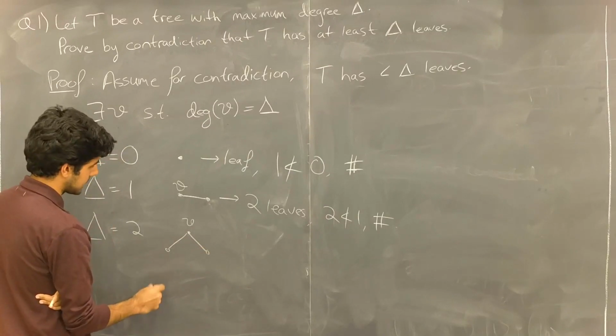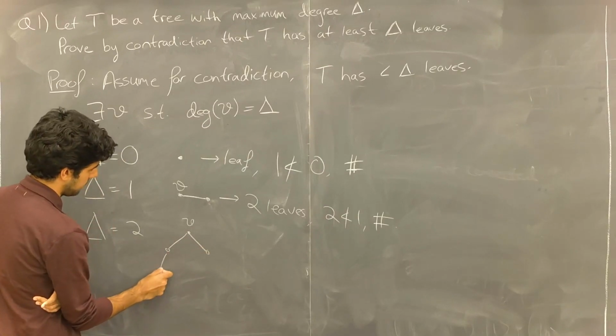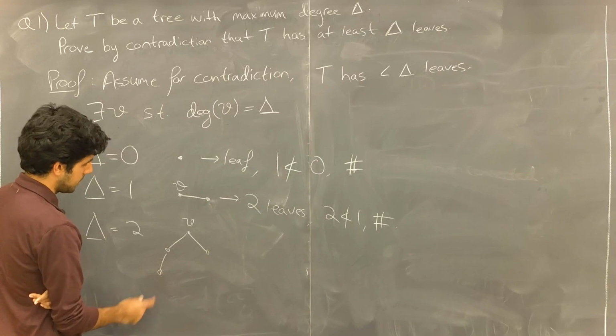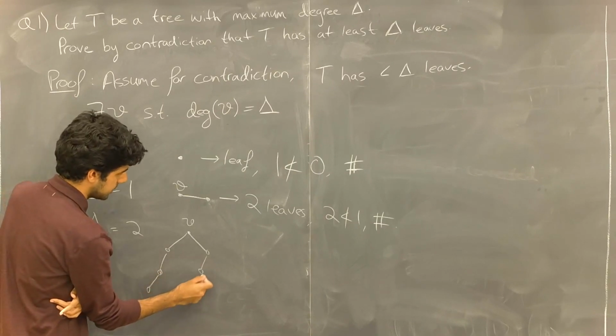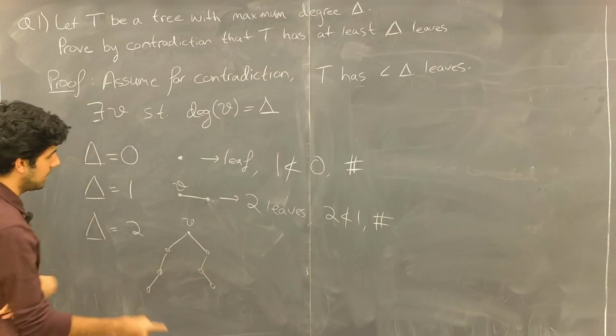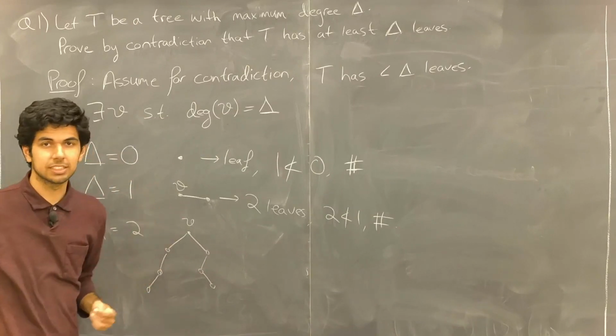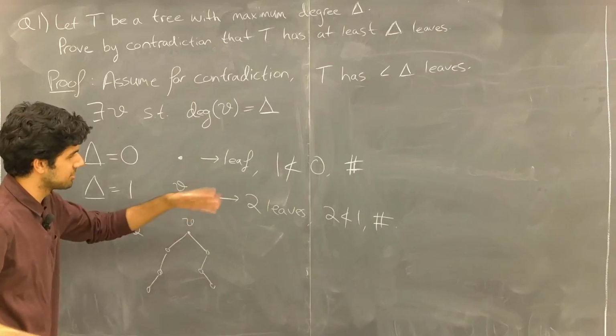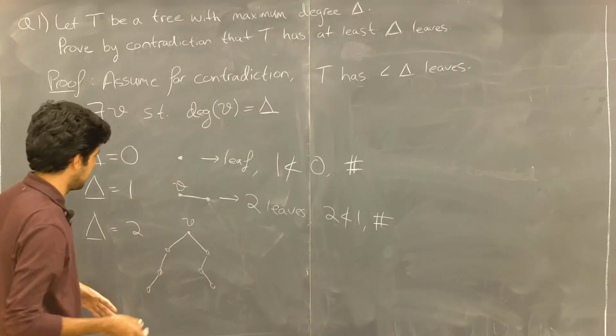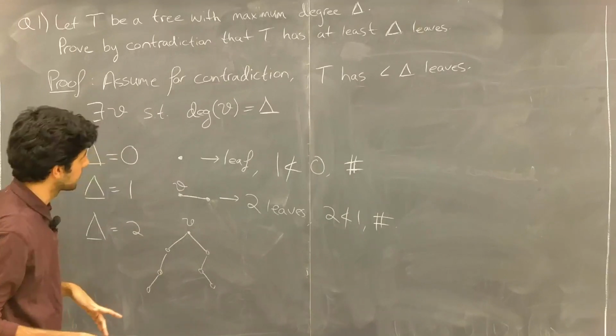So maybe this one has another neighbor, and maybe this one does too, and this one might have one too, and so on. And we can see that it's not just one graph this time, it's multiple graphs, like an infinite amount of graphs. So we can't really continue with this casework. It's going to be pretty bad pretty soon.